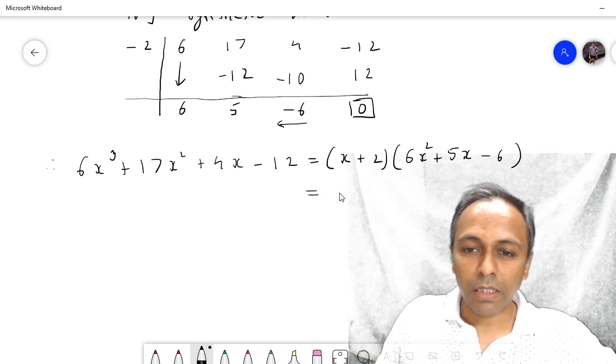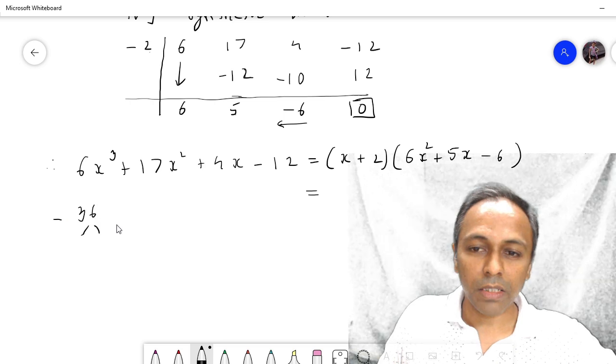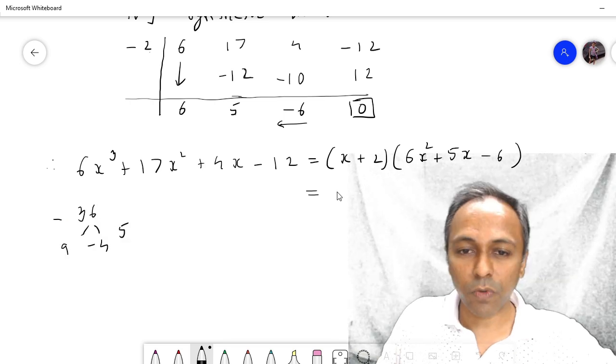This quadratic is 6 into -6 is -36 and the middle term is 5, so factors are 9 and -4.